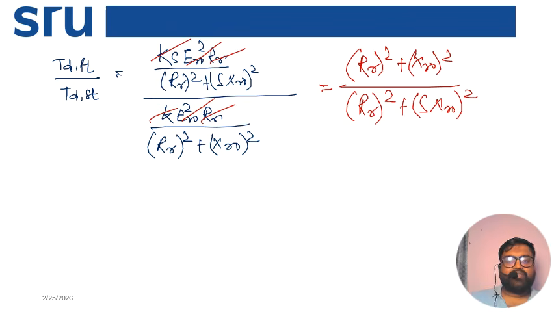Now in place of RR, you just put SM into XR0.